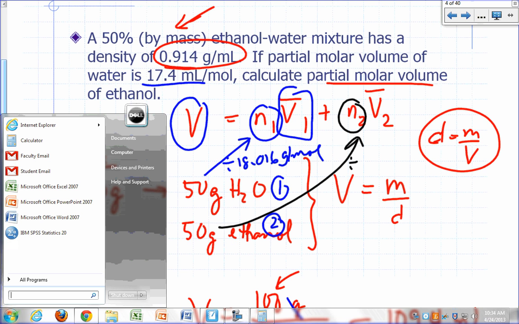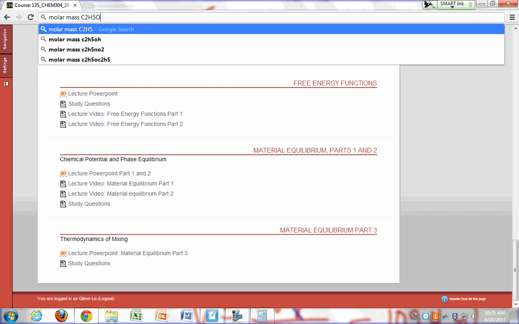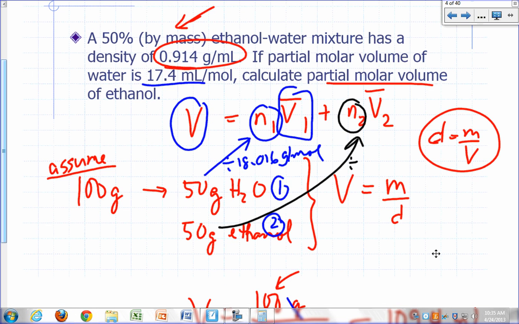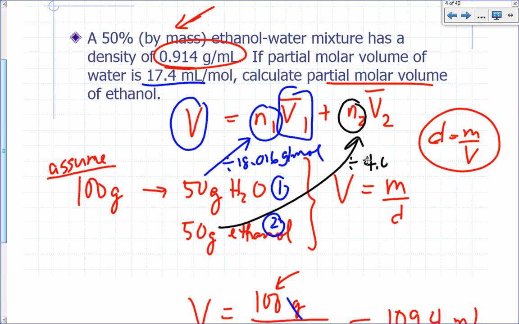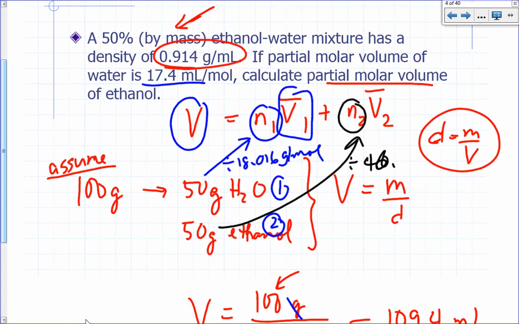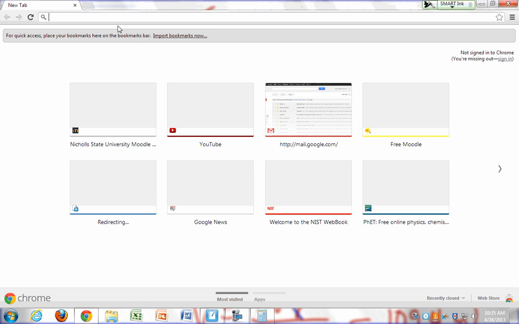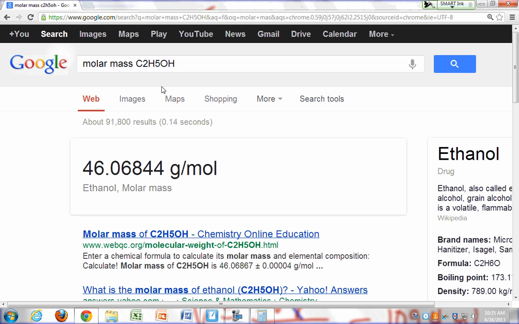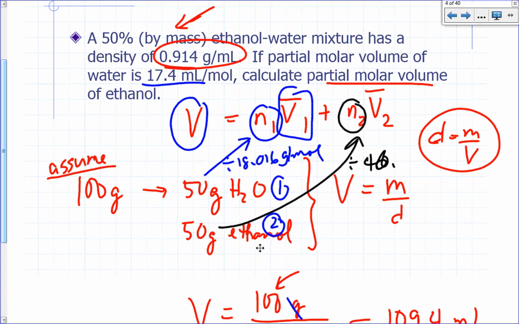Let's see, molar mass, C2H5OH, 46.07 grams per mole. Let's have an extra sig fig there: 46.068.